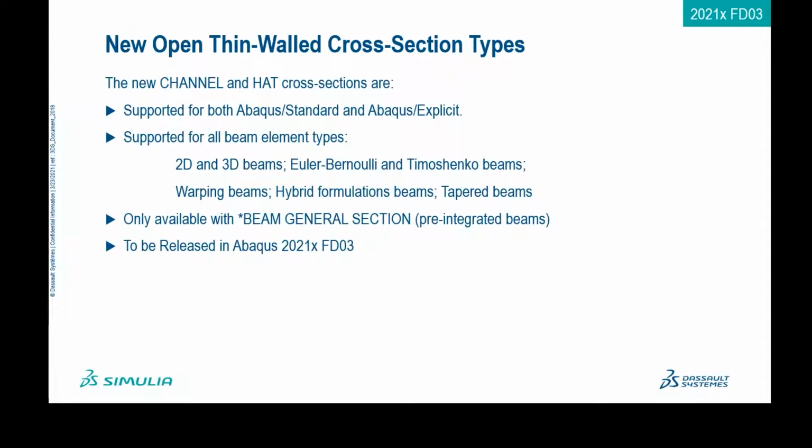The new channel and hat cross-sections are both supported in Abaqus Standard and Abaqus Explicit, and they are supported for all the beam element types, 2D and 3D beams, including either Euler-Bernoulli or Timoshenko beams, warping beams, hybrid formulation beams, and tapered beams. They're only available with *BEAM GENERAL SECTION, with the pre-integrated beams, and these are available starting with Abaqus 2021 FD03.